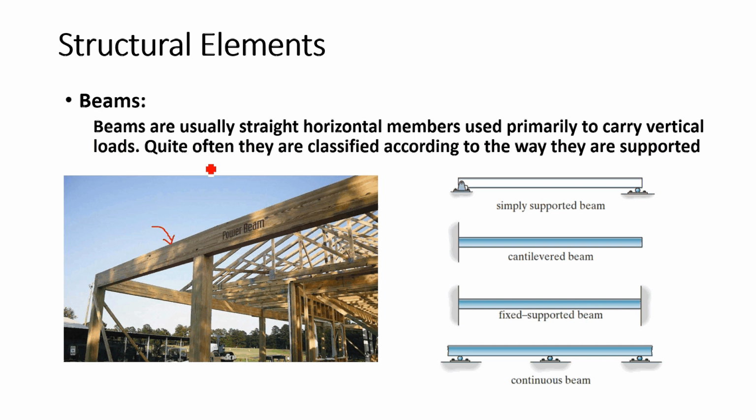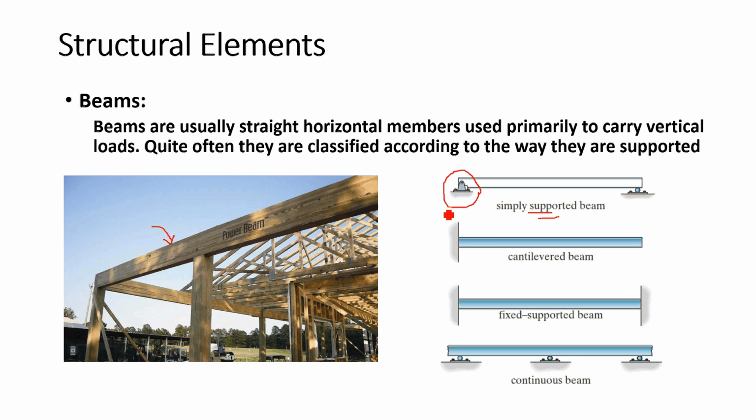This beam you can classify according to the way it's supported. We can classify as follows. Here you can see this is what we call a simple support. We'll talk in more detail later about the types of support, so under that chapter I will explain more deeply.